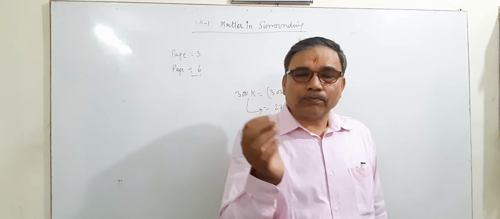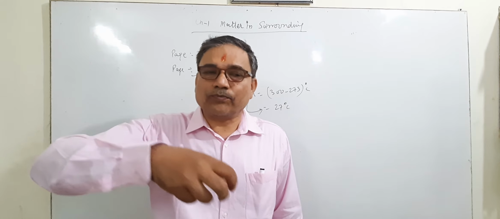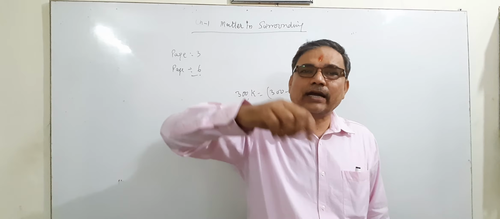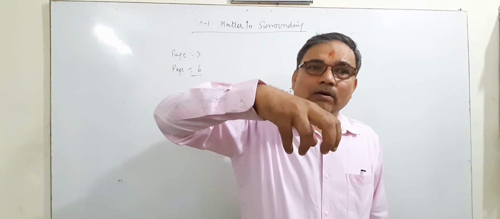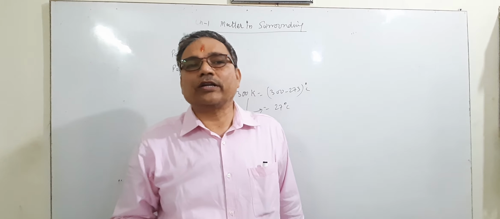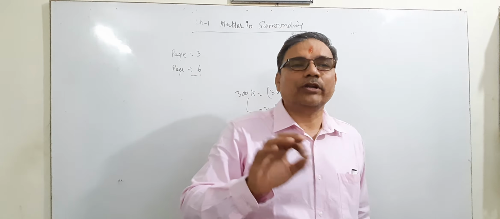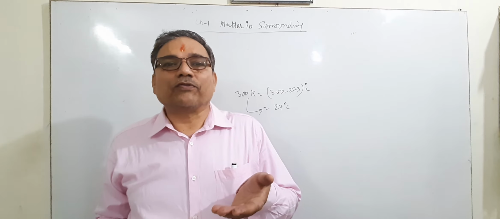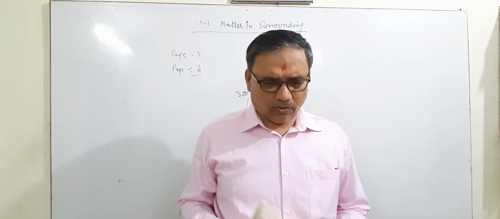Because the earthen pot has tiny pores, and the water comes through these pores to the surface of the earthen pot and evaporates. That water absorbs heat from the surroundings as it evaporates. Therefore, the water inside the earthen pot becomes cool only due to evaporation.